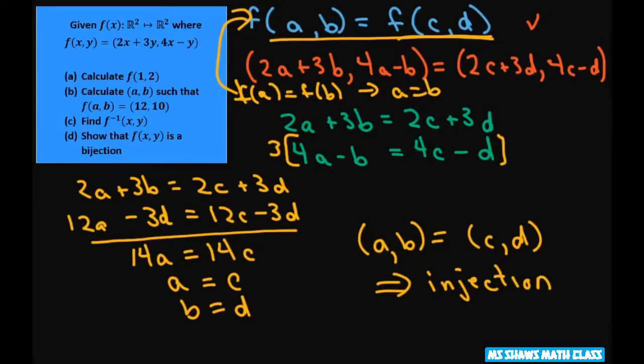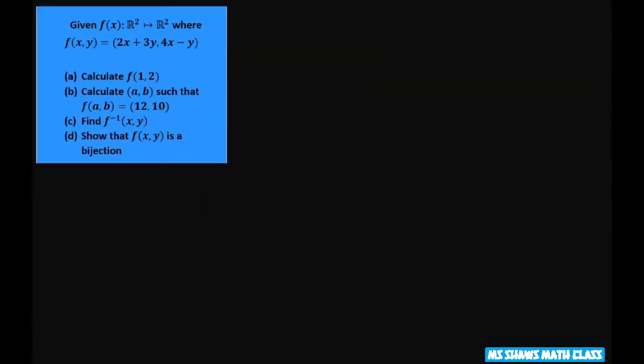All right. Now, we have to prove surjection. So for that one, we're going to note that every element m, n, and we're just picking some m, n, in the codomain corresponds. Remember, we already did the inverse. So our inverse was x's and y's, but if you let m and n be it, we have m plus 3n divided by 14.